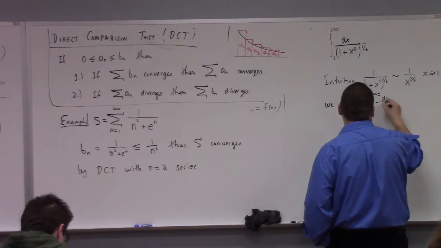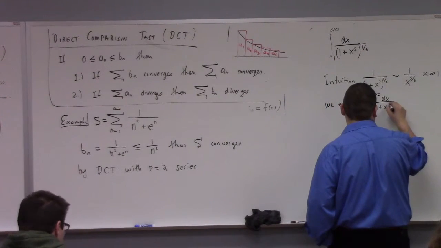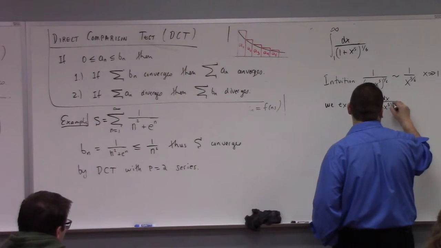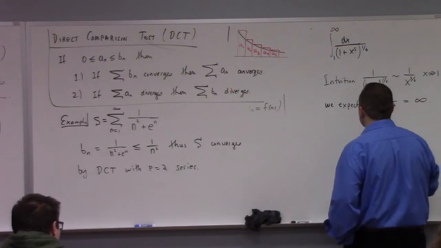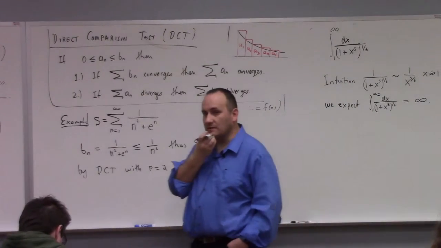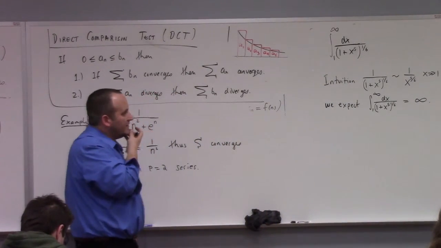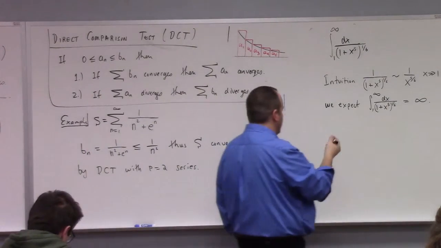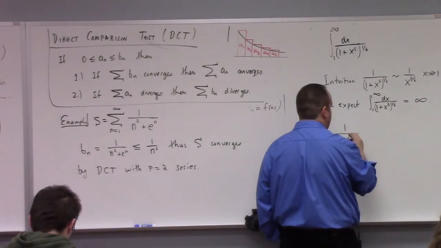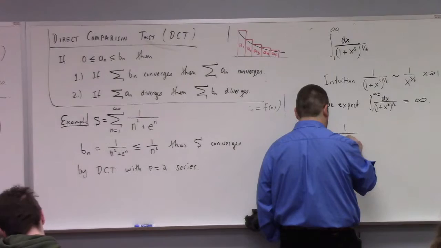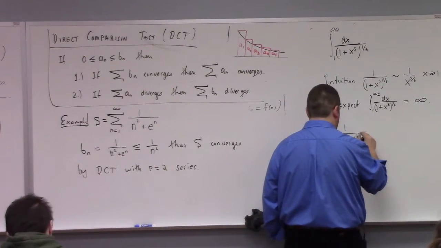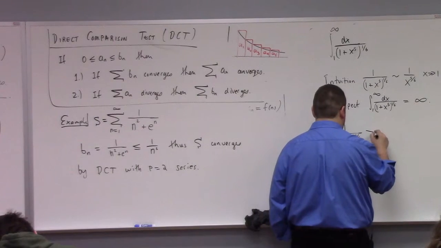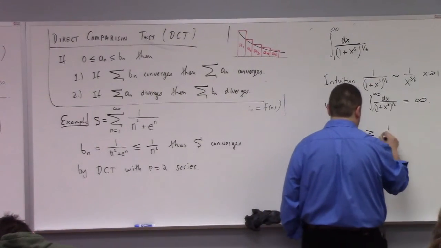We expect this to diverge. But to be careful Calculus 2 students, we should actually come up with an estimate, right? The trouble is, as much as we'd love, wouldn't it be great if that was greater than or equal to 1 over x to the 5/6?